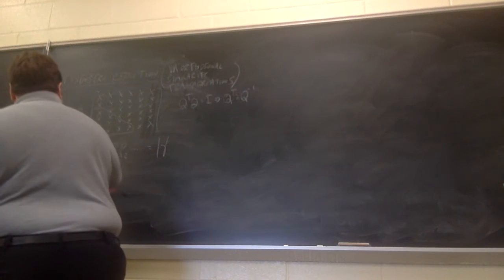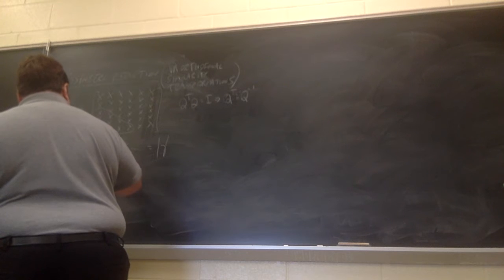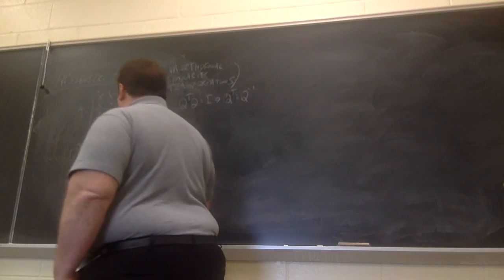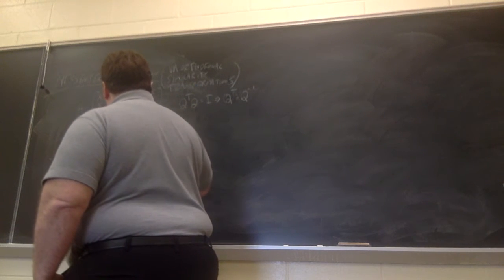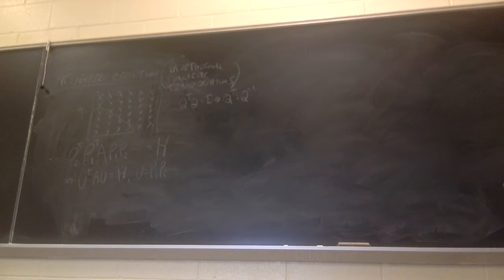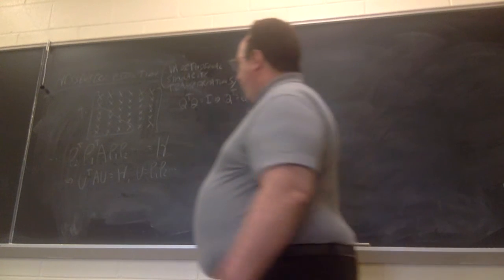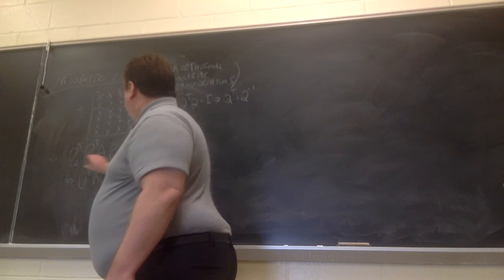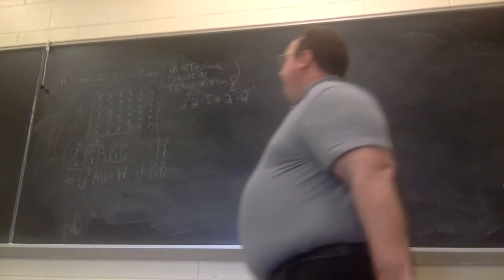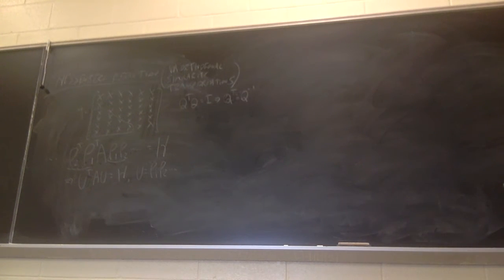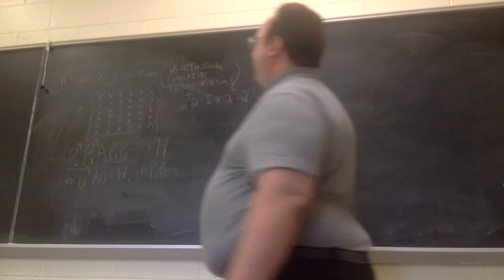So in total I get U transpose A U equal to H, where U is the product of all the transformations in order, written from left to right. So this is U, and that is U transpose. So that's the idea. I want some finite sequence of transformations that will zero out these entries.